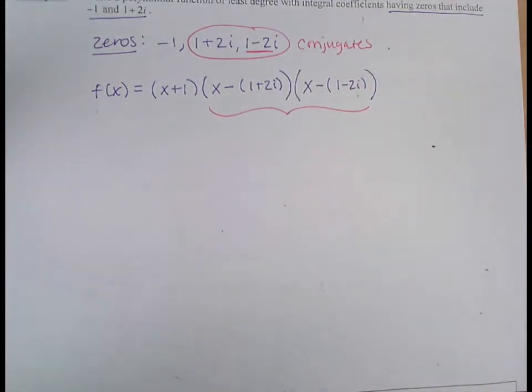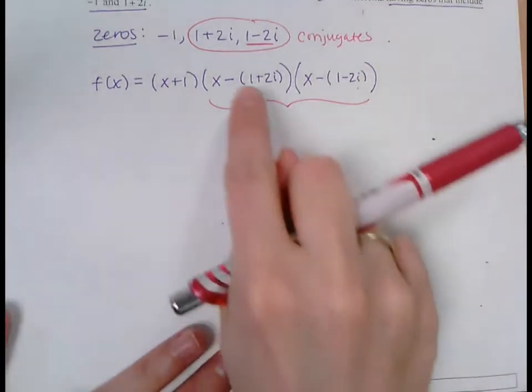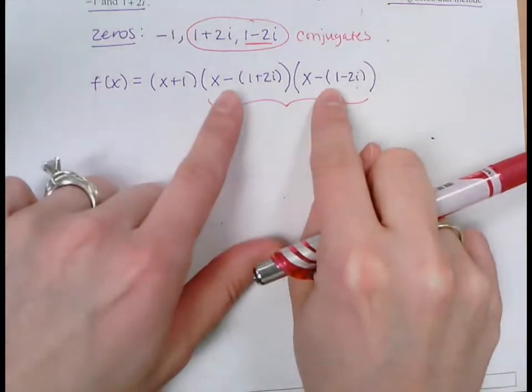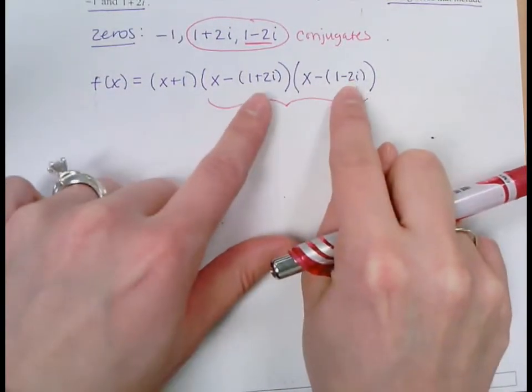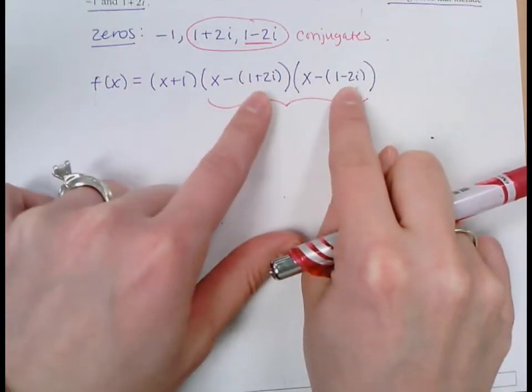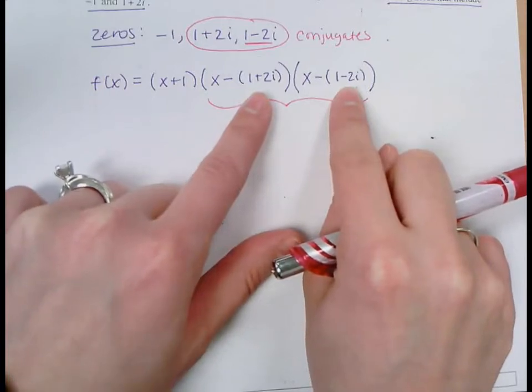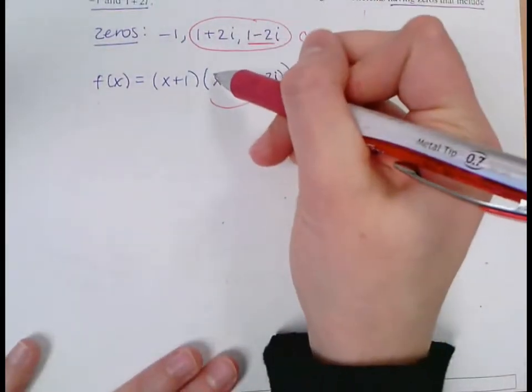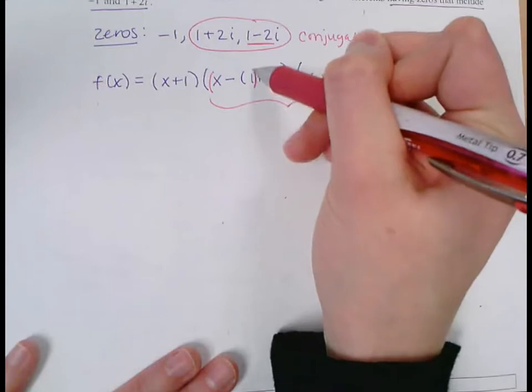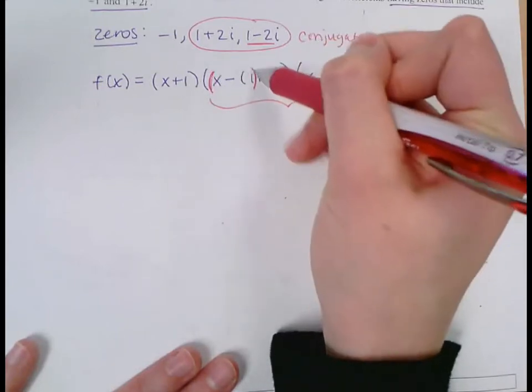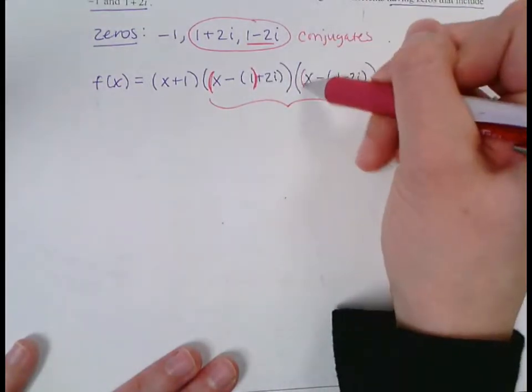I'm going to rearrange this a little bit. In my opinion, it makes the multiplication easier, but you have to see why it works. In the parentheses, notice the 1 plus 2i and 1 minus 2i are grouped together. I'm going to regroup it so that in the first one, the x minus 1 is grouped together, and the same in the second one.